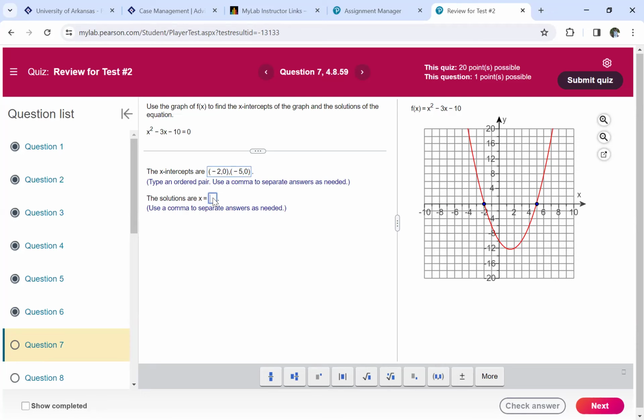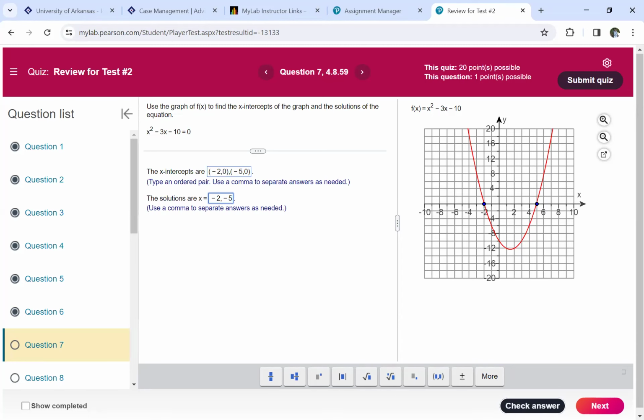Now remember the solutions. Remember when I graphed a while ago, the solutions were the x values where the y values were 0. So that means our solutions are going to be the -2, comma, what I have, -5. And y'all, that's all I got to do on that one.